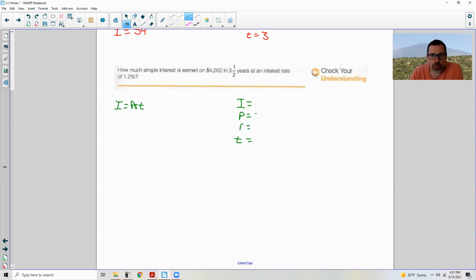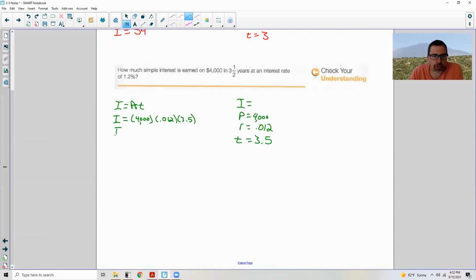The principal's 4,000. So I put 4,000 here. 3.5 years, I'm going to put 3.5 for the length of time. And an interest rate of 1.2%. Move the decimal 2 places to the left. That will be 0.012. You substitute that into the equation, and that's going to be 4,000 times R, which is 0.012, times T, which is 3.5.